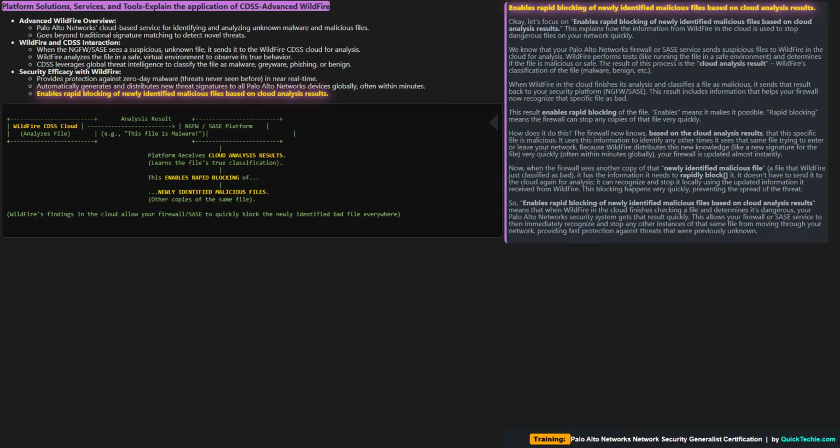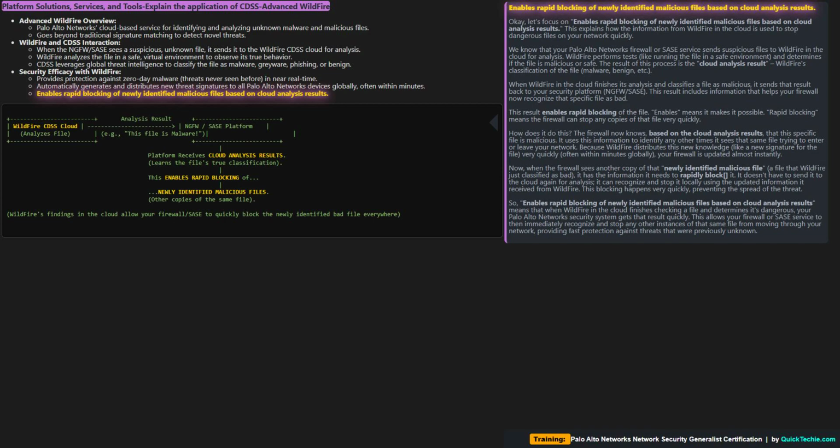Enables rapid blocking of newly identified malicious files based on cloud analysis results. Okay, let's focus on enables rapid blocking of newly identified malicious files based on cloud analysis results. This explains how the information from WildFire in the cloud is used to stop dangerous files on your network quickly.